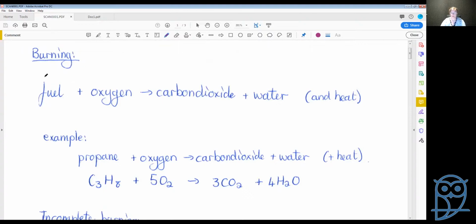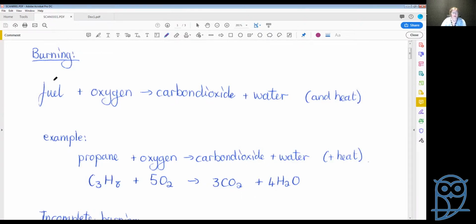We've got the fuel and it combines with oxygen to give us carbon dioxide and water and some heat. This heat that we're getting off here is what makes this an exothermic reaction. So there will be a separate lesson on exothermic and endothermic reactions and what they do and what they mean. But this and heat bit means exothermic. It means it lets off heat.